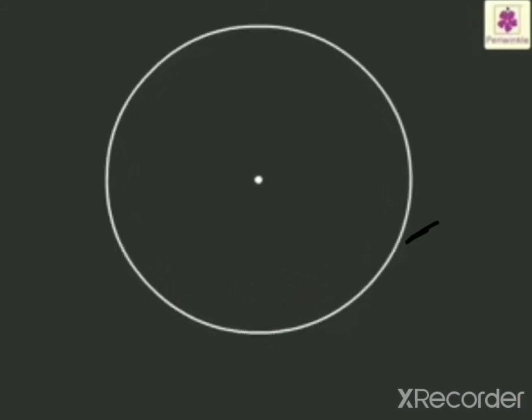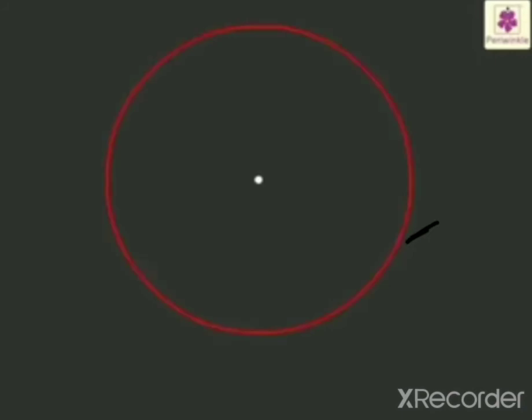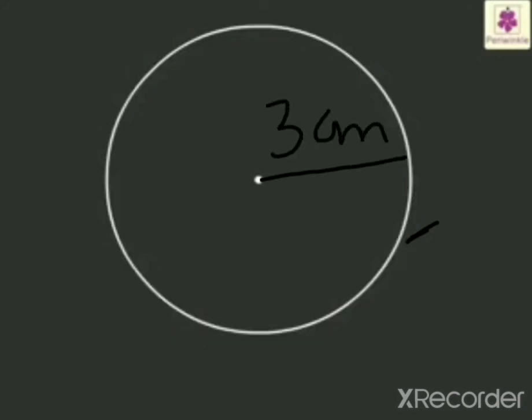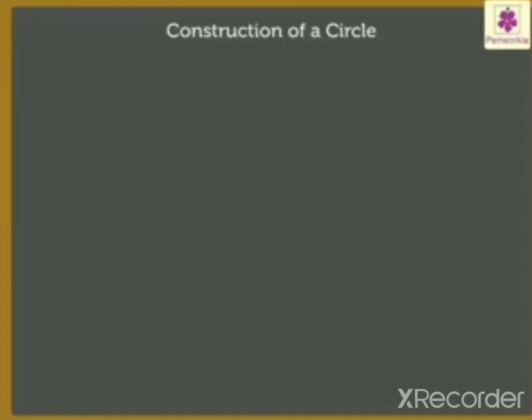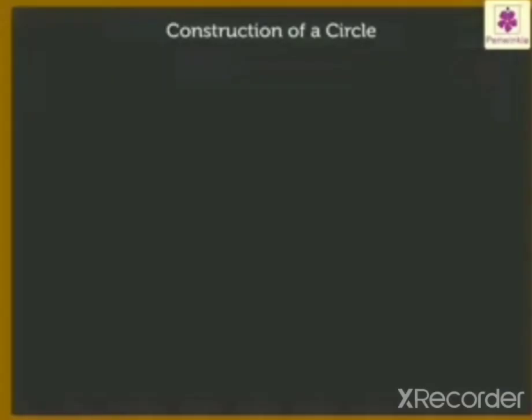You can see we have drawn a circle of the radius which was given to us. This is a radius. Suppose the radius was given as 3 centimeter, then we will use the scale and measure 3 centimeter. So this is the radius 3 centimeter and this is a circle of radius 3 centimeter. So this is how we can draw a circle of given radius.